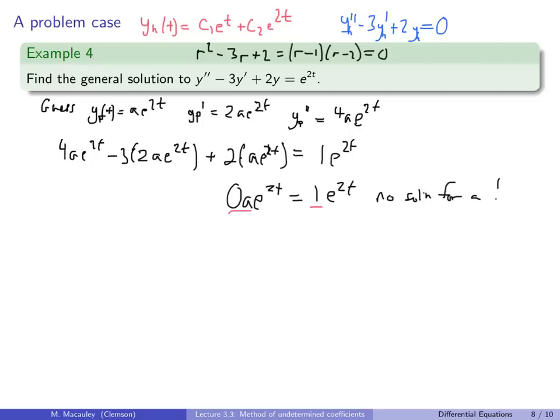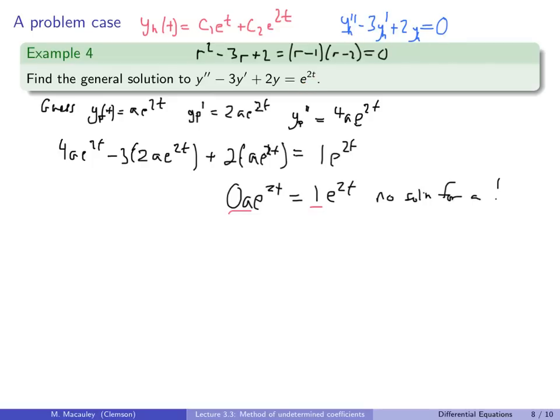If e to the 2t always gives you 0 when you plug it into the left-hand side, there's no way you can multiply it by a scalar and get something non-zero.